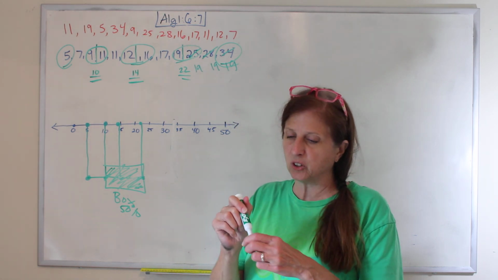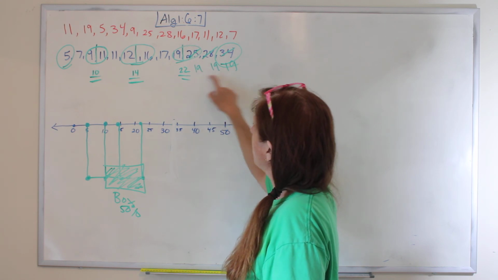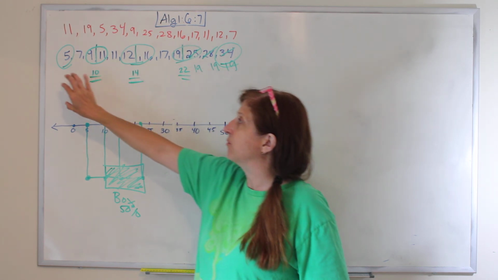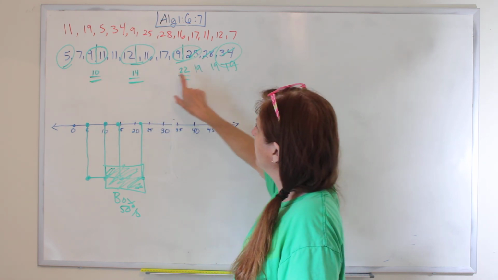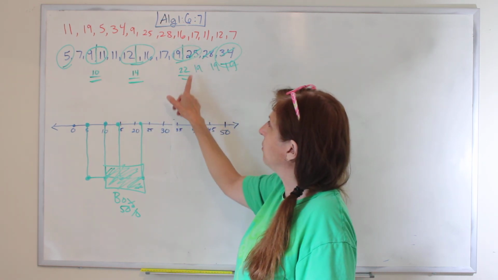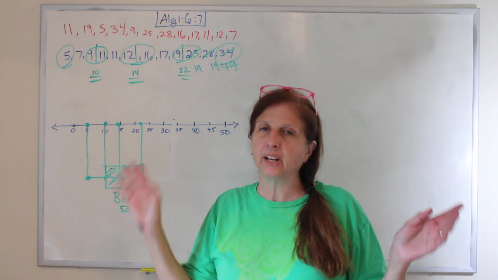So don't let that fool you if you ever get one with a whisker missing. It comes from the last quartile or the first quartile being all repeats of the third quartile or the first quartile. Okay? It'll make more sense when you do it.